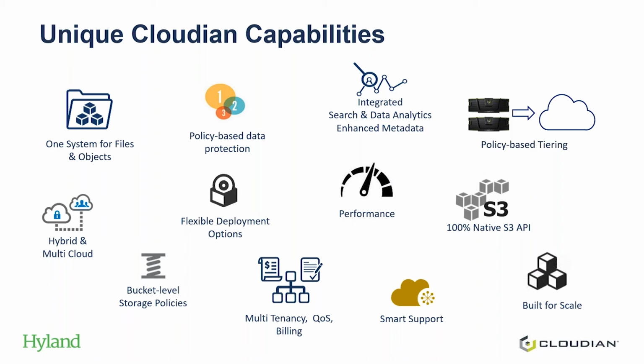Some of the other quick areas I'll just highlight for Cloudian HyperStore. This is a single platform, a single architecture, not just for objects, but also for file. I mentioned S3, it also works for SMB and NFS. There is an integrated search and data analytics capability with enhanced metadata tagging.